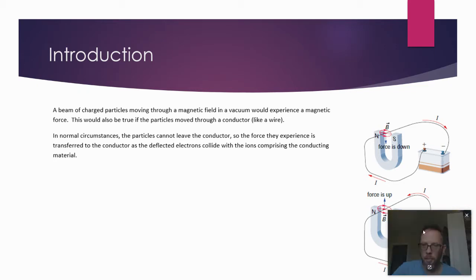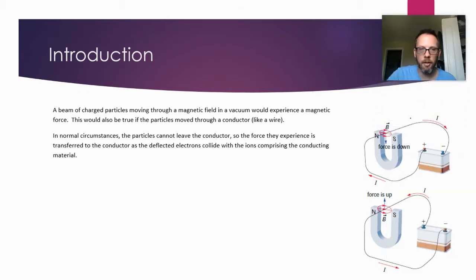Our starting point today is that we already know an individual charged particle moving in a magnetic field, and it has to be moving, is going to experience a magnetic force. So if you imagine a whole bunch of charged particles moving through a wire, they're going to experience a force too.